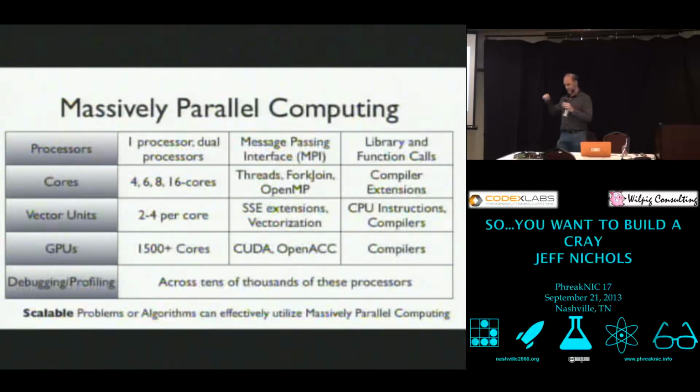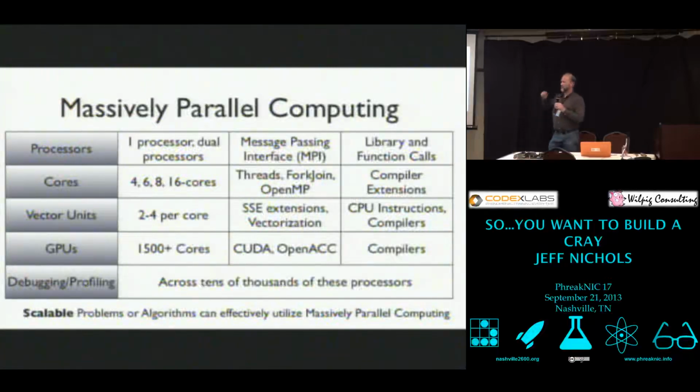What you want to do with the cores is threads. You split up the work so that all 16 of your cores can go running off doing something at the same time. So you've got parallelism inside of your computer, inside of your CPU, and there the techniques are threads, fork-join, that kind of thing, and the library is called OpenMP.